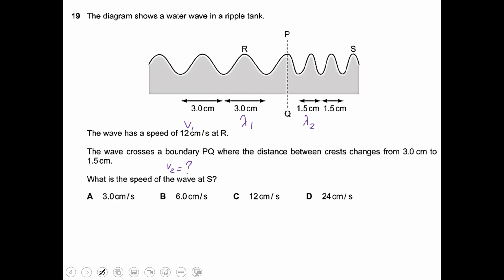I have marked the data, and the formula says v1 upon v2 is equal to lambda 1 upon lambda 2. You have to just put the values quickly and solve it.